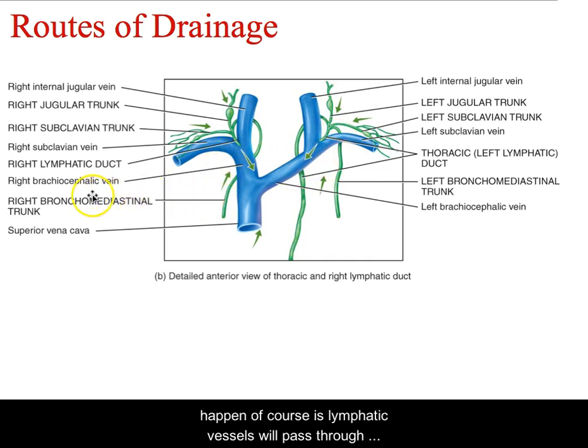Meanwhile, you actually have the right bronchomediastinal as well as drainage from the actual cervical and cerebral portions, as well as the arms or the appendages traveling now into that right lymphatic duct. And of course, this is superior vena cava.